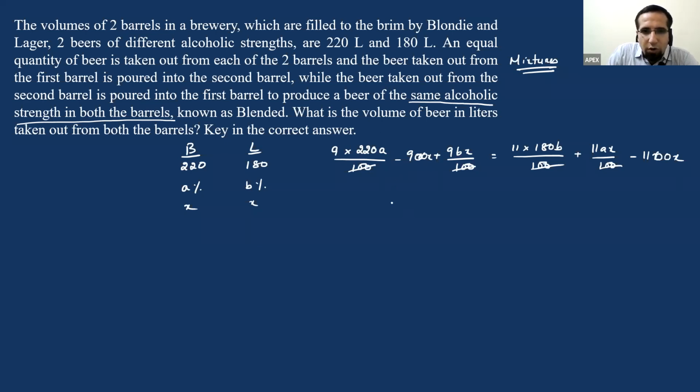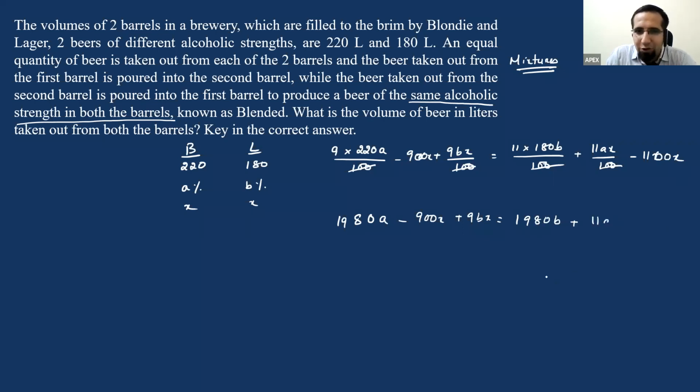Clear? So let's calculate this. 9 zeros are 0 and 9 twos are 18. 8, I carry 1. 9 twos are 18 plus 1, 19. Okay, this is the quantity of alcohol coming up from the first. Minus 900x plus 9bx is equal to 18 into 11 is 180, 1980b plus 11ax minus 1100x.